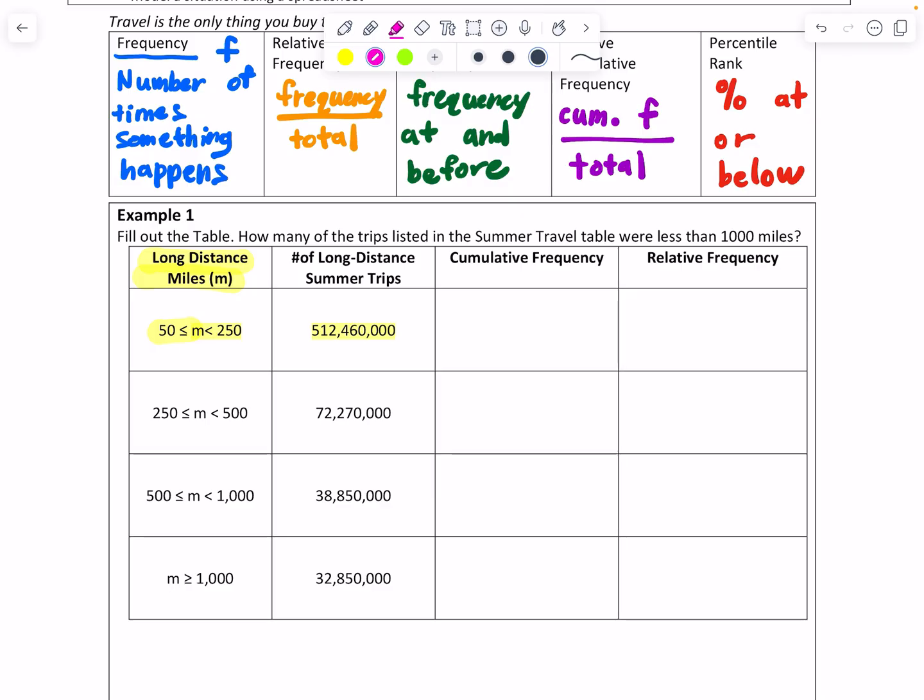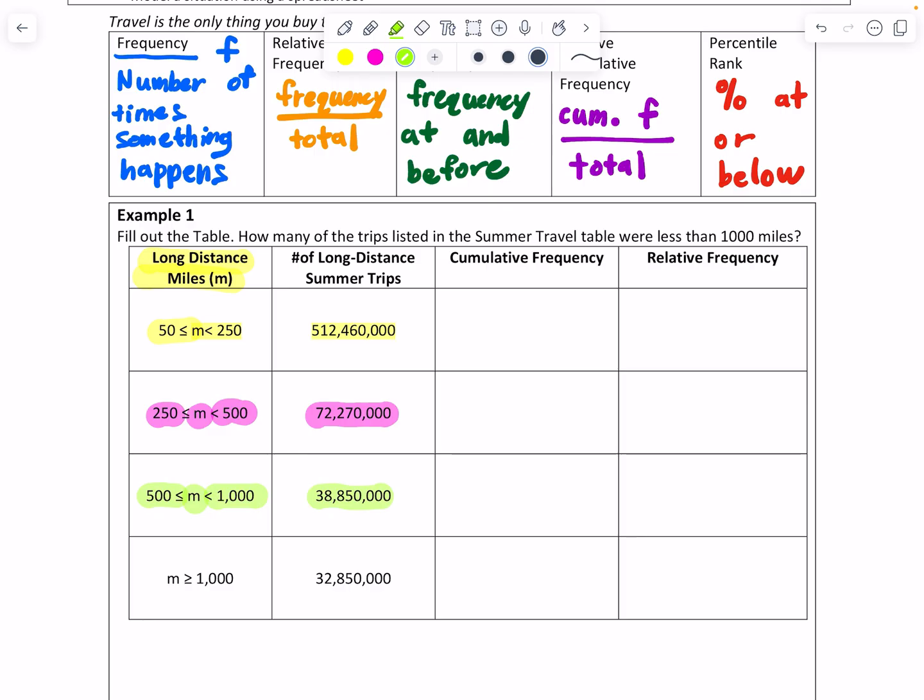In the other case, 72,270,000 trips were between 250 and 500 miles. And so forth. So 38,850,000 were between 501 and 1,000, and then the other ones were anything over 1,000, so very long distance trips.